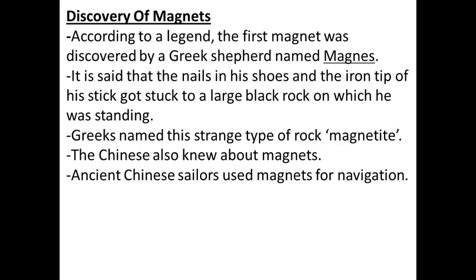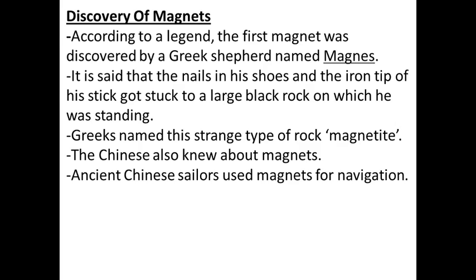The story goes that Magnus, one Greek shepherd, had a stick with a small iron piece attached to one end of that stick. So one day his stick got stuck to a black rock, and it was found that the rock had the property of attracting iron. So like that there is a discovery of magnet.